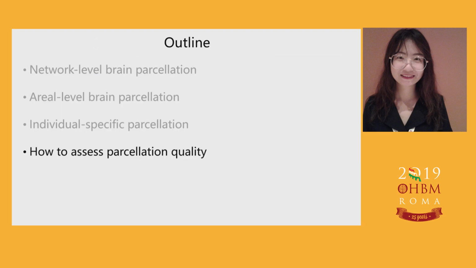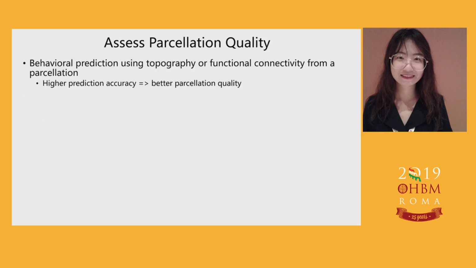In the last part of my talk, I will describe how to assess the parcellation quality. We just showed that using network topography or functional connectivity, we can use it for behavior prediction. So we assume that a better parcellation quality should indicate higher prediction accuracy.